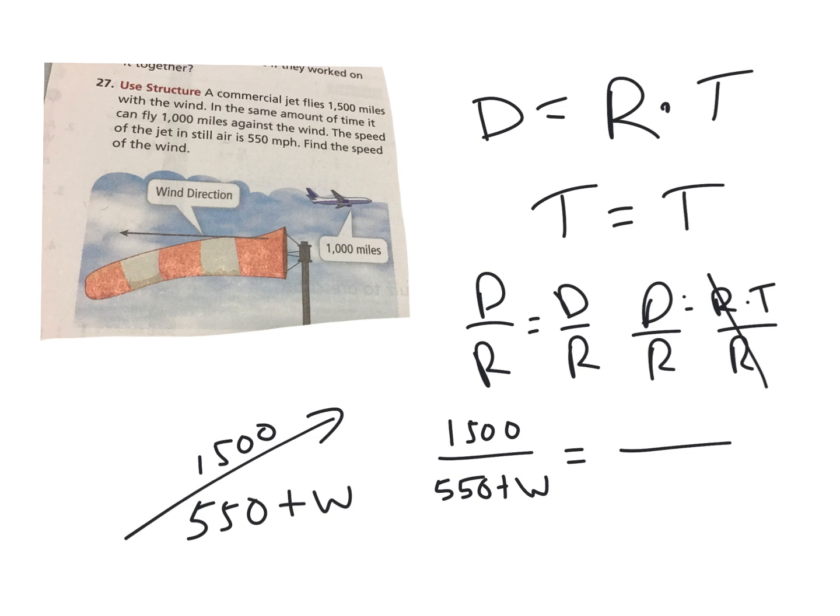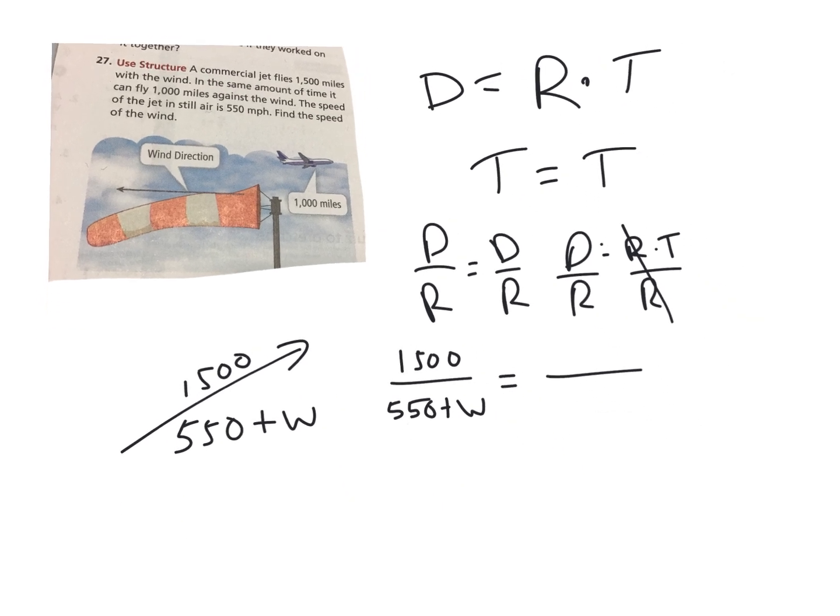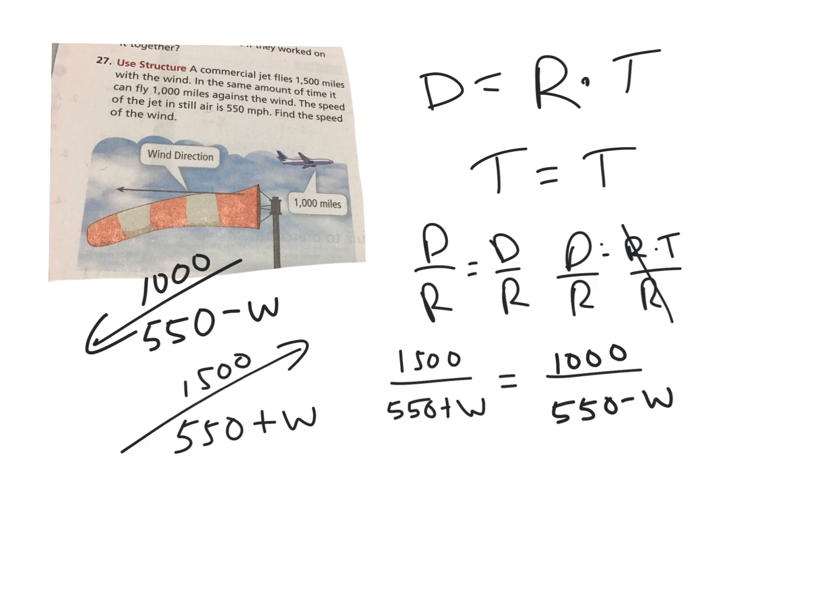And that's going to equal the other distance divided by that rate. The other distance is going the other direction, 1,000 miles this way, but now instead of 550 with the wind, we're going against the wind, so the wind is not going to help us. So that's our other distance over rate. Now we have our rational equation set up, and we can just solve it.